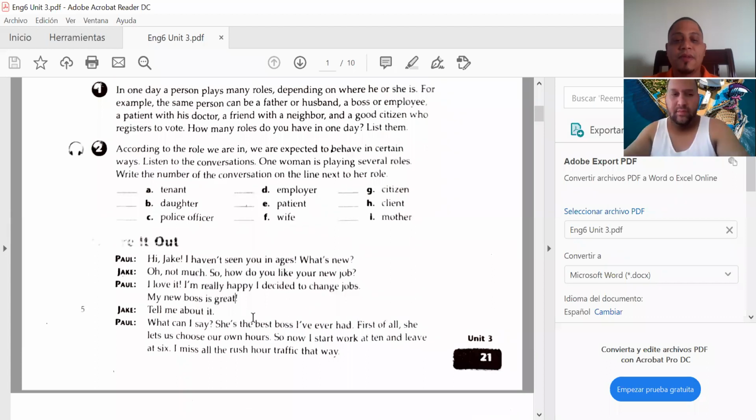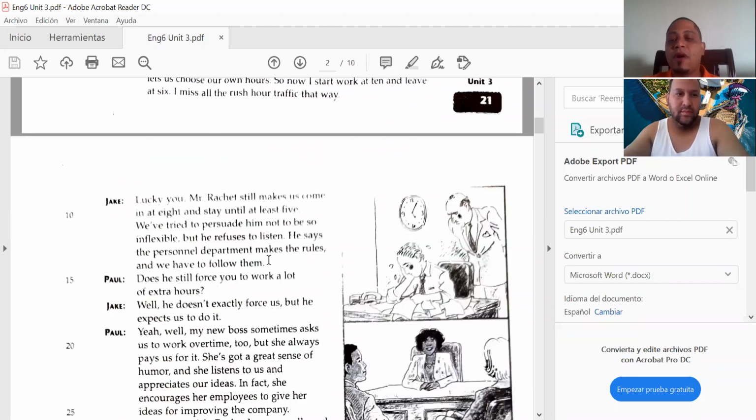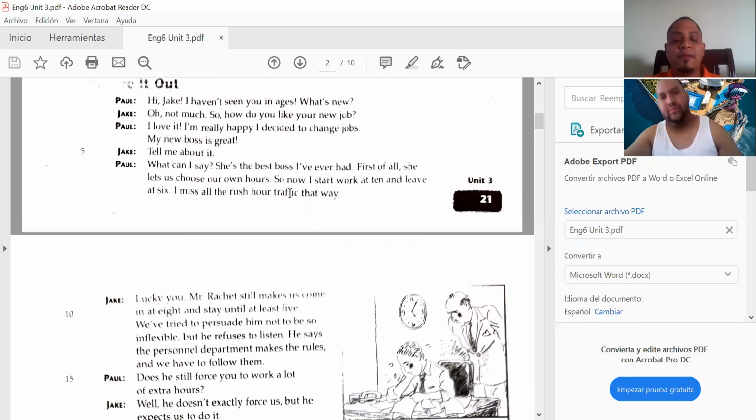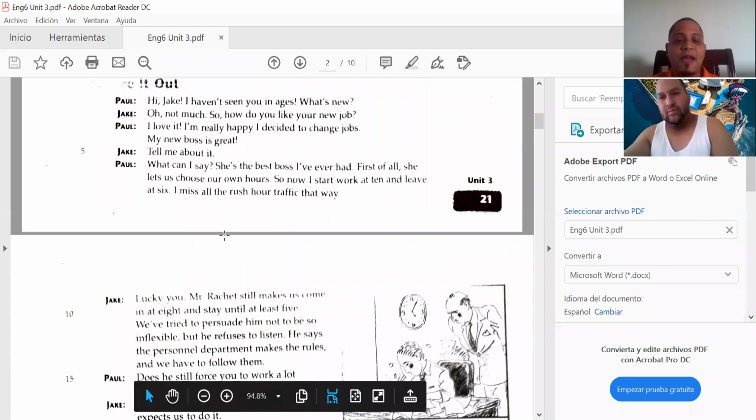These people are talking about different jobs that they have, but maybe later next week, we can talk about this conversation.